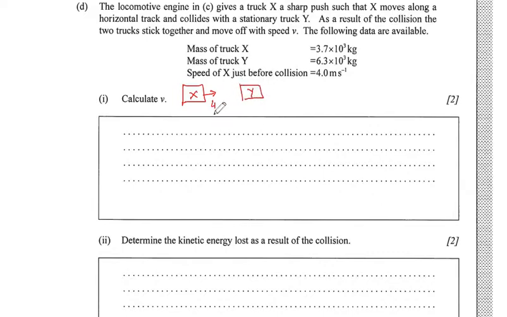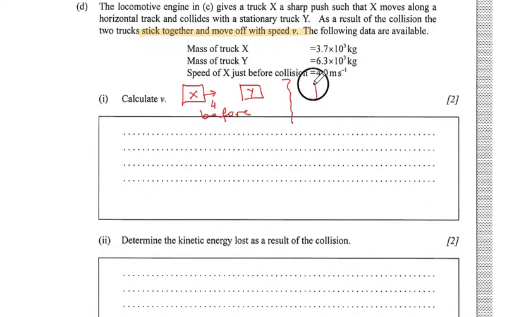So this is what happens before. And then as soon as they collide, we are told that they stick together and move off with speed v. So we have to use that information.